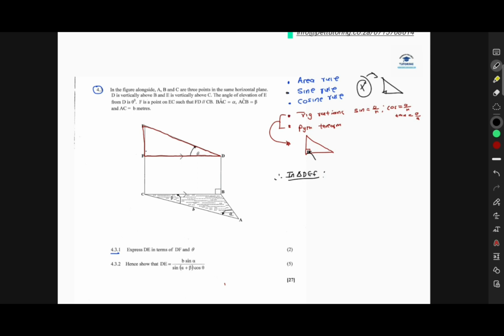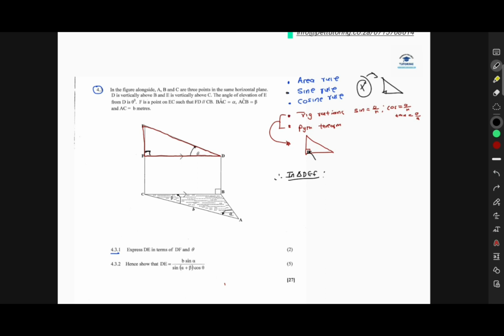Look at this triangle: it has 90 degrees at F. So this is a right-angled triangle, whereby we have to use trig ratios or Pythagoras theorem. Because I don't have any side given here, I cannot go with the Pythagoras theorem. I will use the trig ratios here.